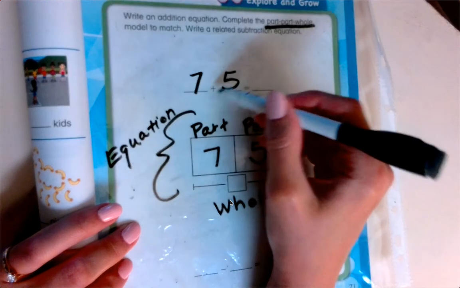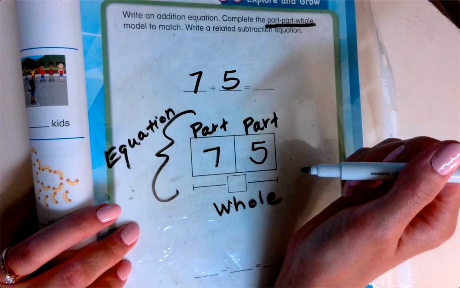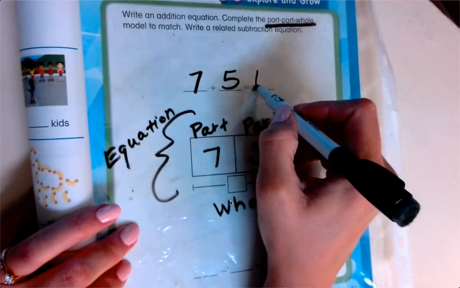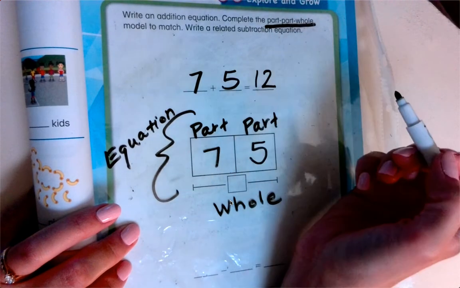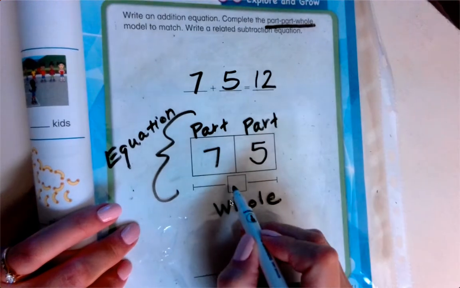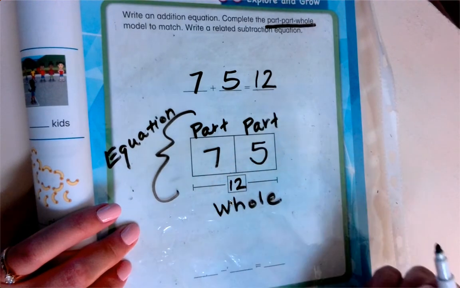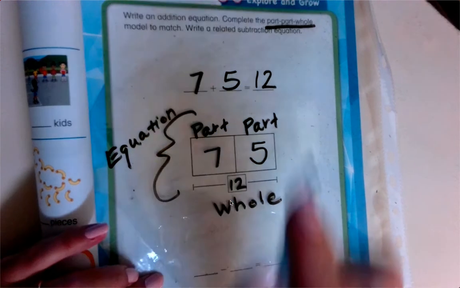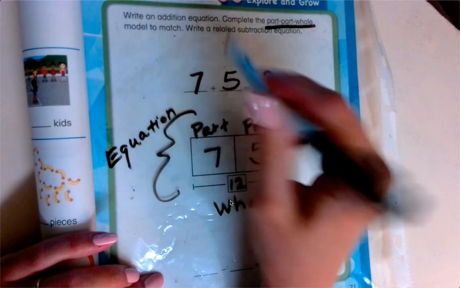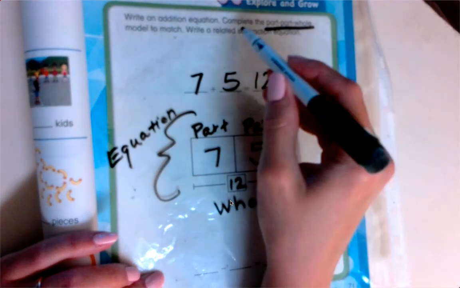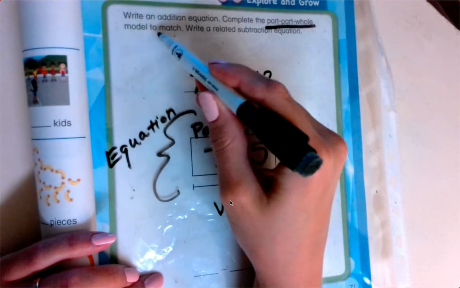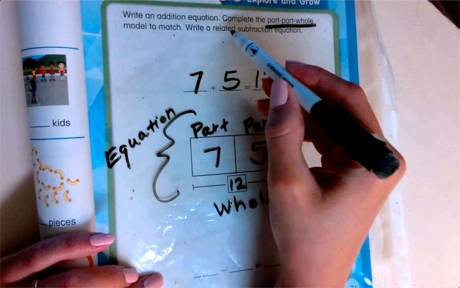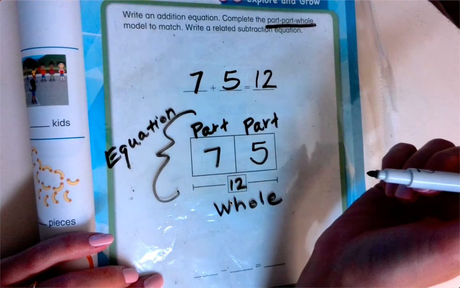So 7 plus 5, I'm going to just tell you, is 12. So your whole is 12. Okay, so write an addition equation, check, we did that. Write the part-whole model to match, check. And the last part is write a related subtraction equation.